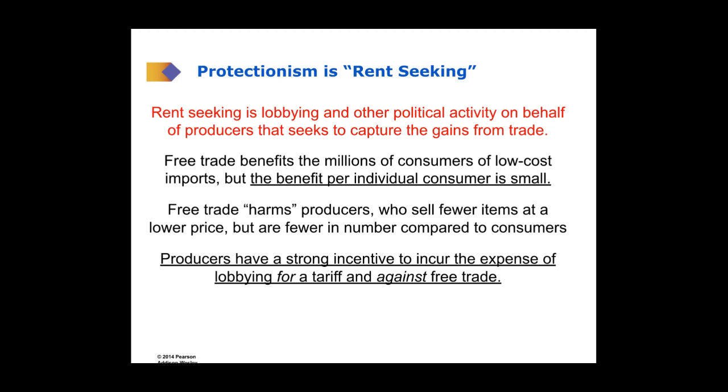They're harmed when they have to compete with companies in other nations that are going to import goods and sell them in the United States, because domestic producers are able to sell fewer items at lower prices. But the producers are smaller in number, so they have an ability and incentive to do lobbying, to do rent seeking, to try to get a tariff or a quota or trade restriction, and to limit the amount of free trade and competition that they have.